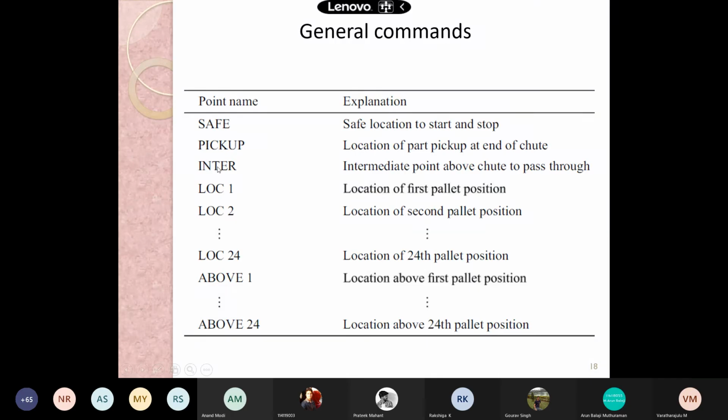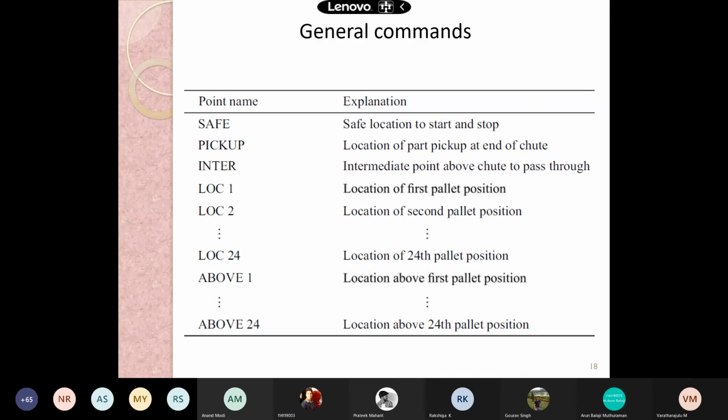Safe is a program which is used to define the safe location to start or end the location of the end effector. Pickup is a program which is used to pick up the component. Inter is an intermediate point above the chat to pass through.